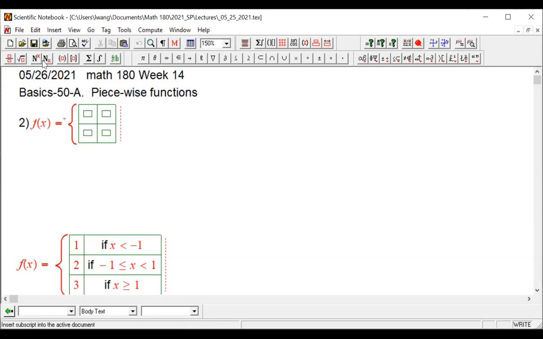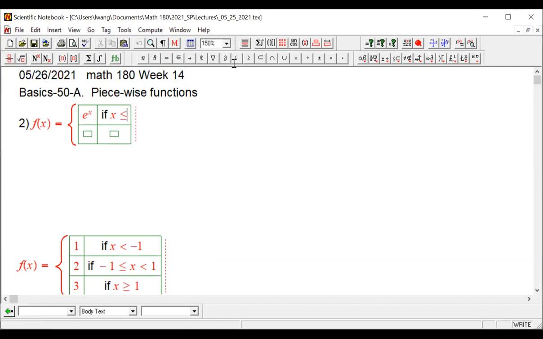One is e to the power x if x is less than or equal to 0, and the other piece is negative x squared if x is larger than 0.